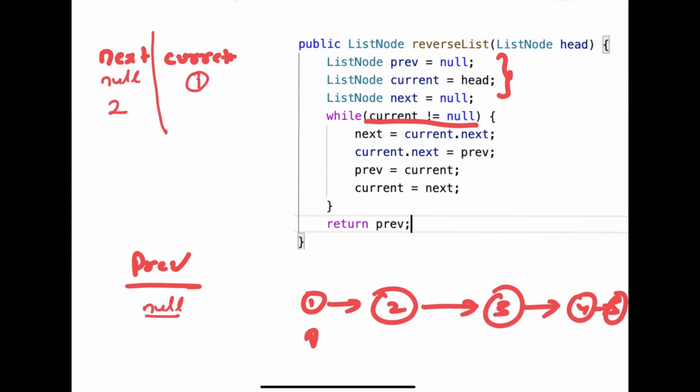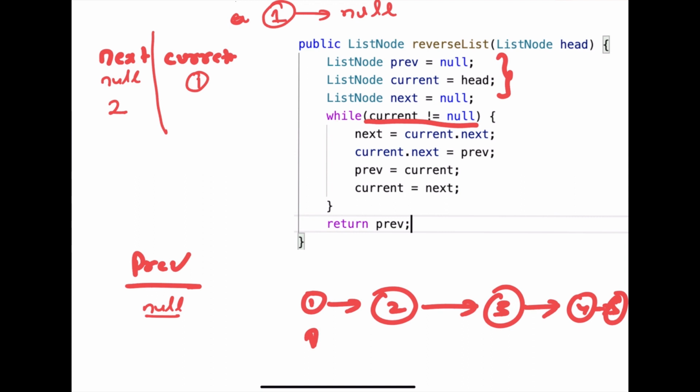Now current dot next equals previous. Currently the current is pointing to 1, 2, 3, 4. So now current has 1, and 1's next will be null. So this will be the value of this. Now in previous we will store the current.